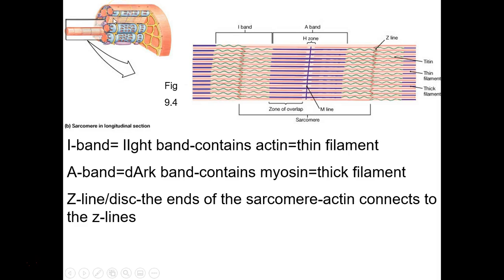The Z lines are all lined up with each other. The M lines are all lined up with each other. So they're all perfectly aligned, which means when the light shines through, it gives you that perfect pattern. Dark, light, dark, light, dark, light.